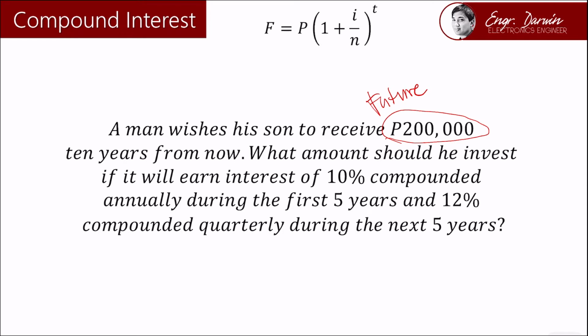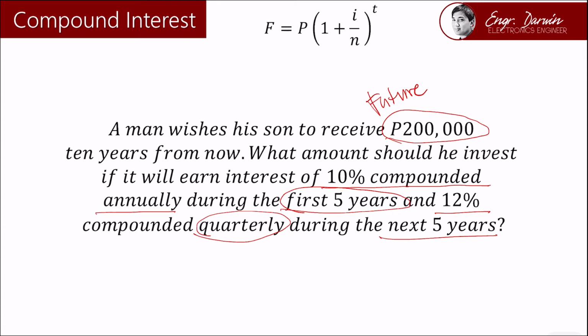But our interest or compounding that we have here is meron tayong 10% compounded annually for the first 5 years and 12% quarterly for the next 5 years.